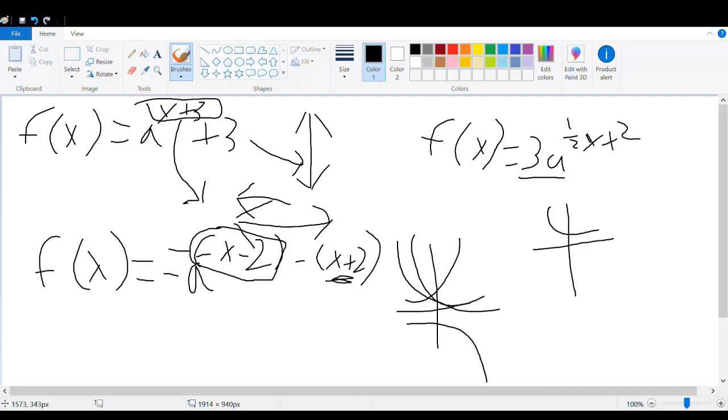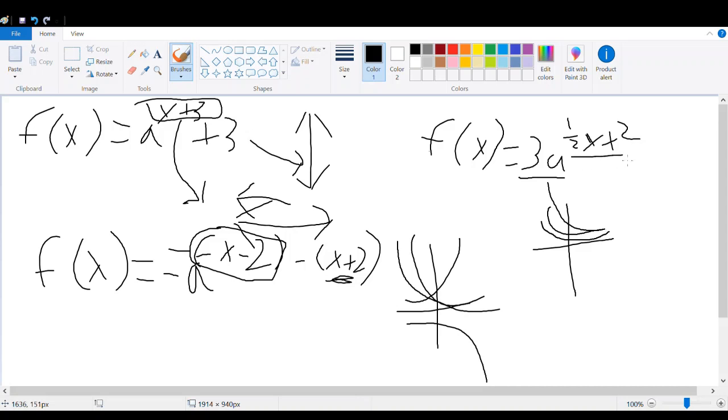If it's a whole number, it stretches; if it's a fraction, it'll compress, sort of closer together with the y values. So this will look more like this. If it was a 1/3, it would look more like this. It's sort of hard to draw accurately, but it would get below the line like that.